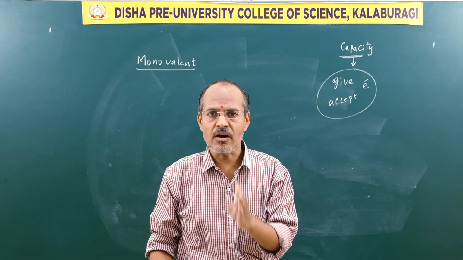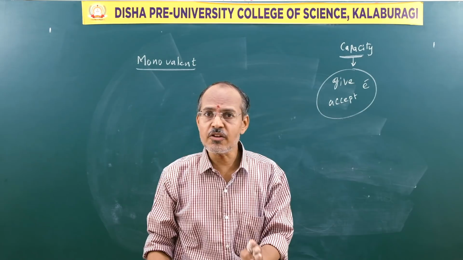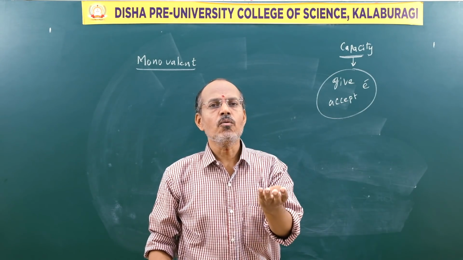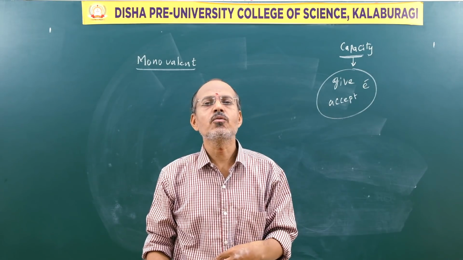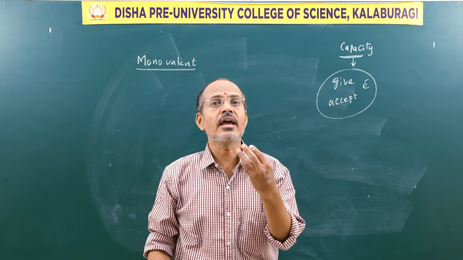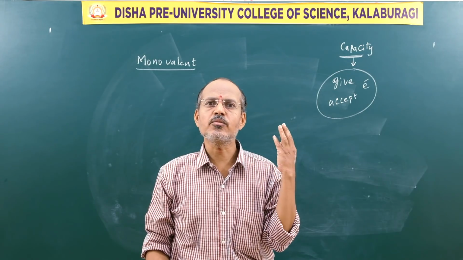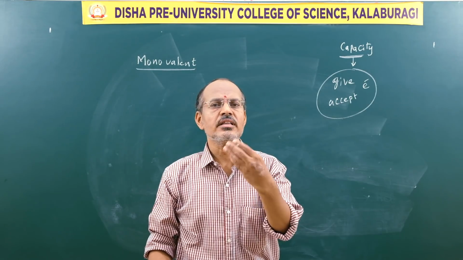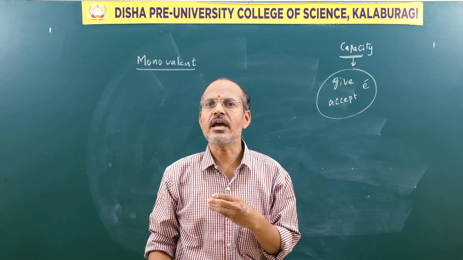These are the ions which have the potential, capacity or ability to give one electron or to accept one electron. If they accept one electron, they become negatively charged. If they donate or give one electron, then they become cations.